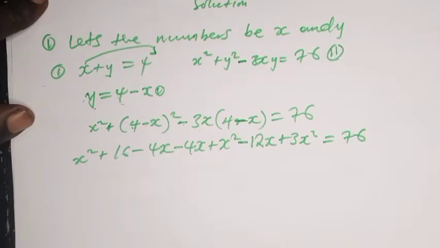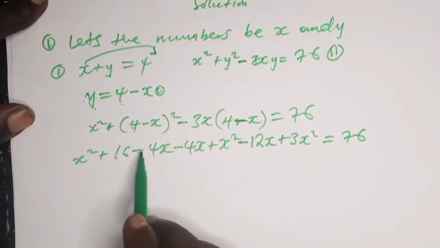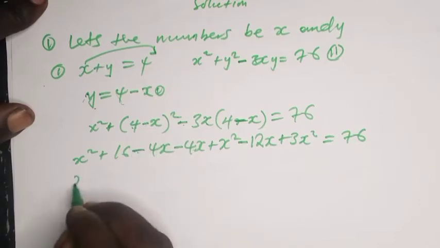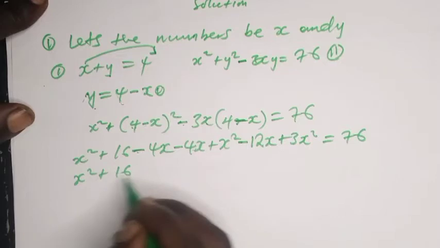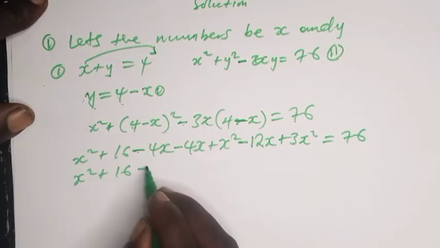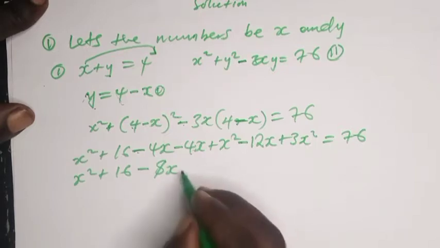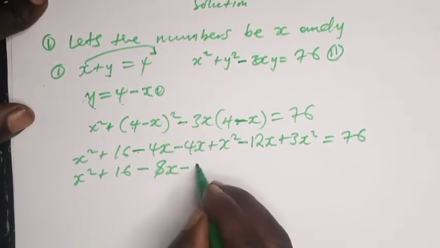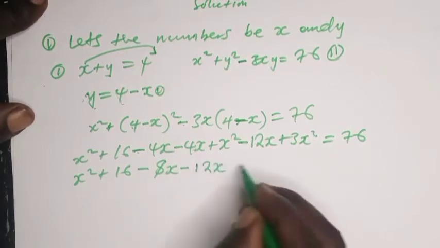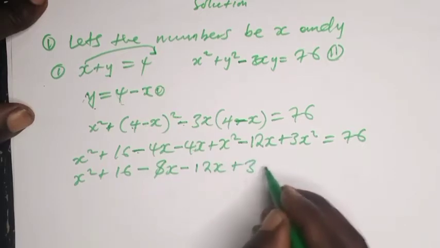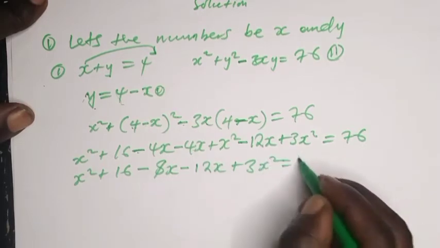Then here we are going to collect like terms. It will be x squared plus 16 minus 8x minus 12x plus 3x squared equals 76.